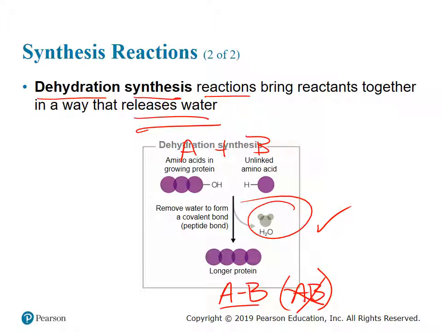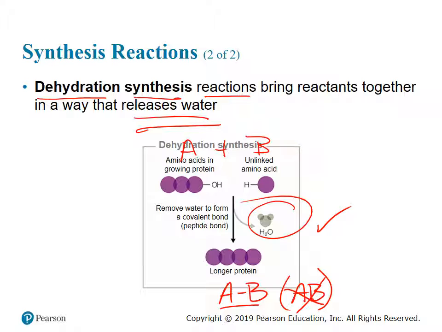And why do we talk about this? Because in living organisms, like bacteria and in humans and everything, many times our synthesis reactions are dehydration, where we give off water. Right? Why do you think you need to urinate occasionally?